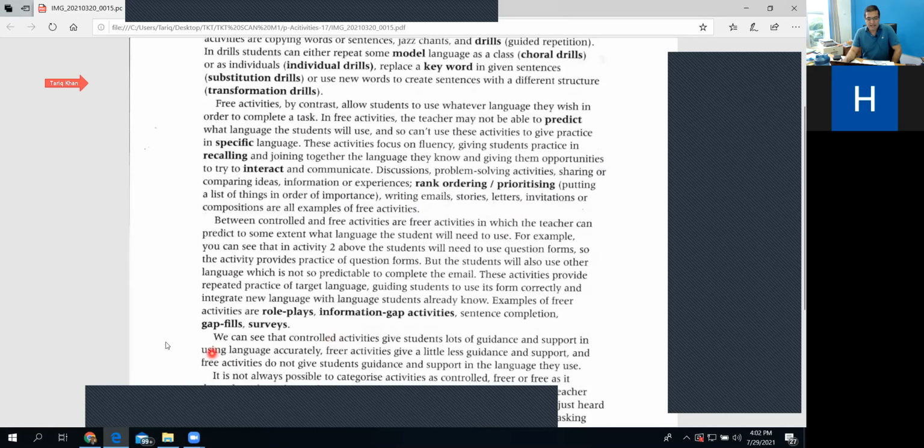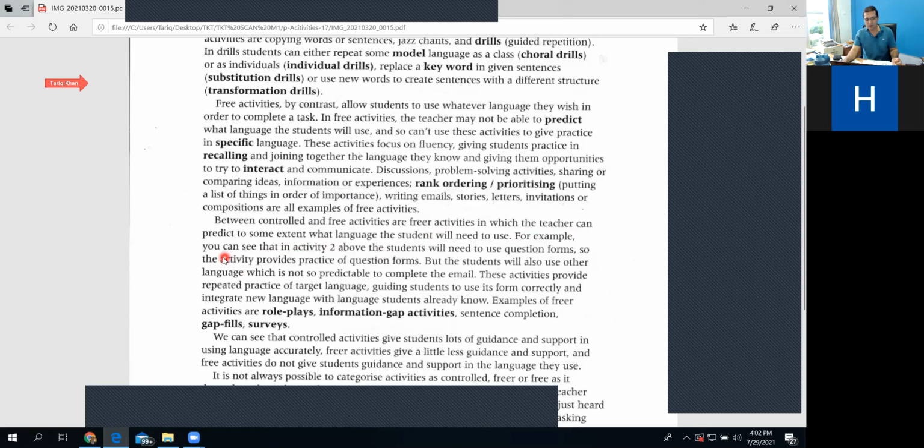The next one, between control and free activities, are freer activities. The one which was the second that we will be discussing. Freer are somewhat optional, they have options. Okay, that is the nature of those activities. Freer activities are those in which the teacher can predict to some extent what language the student will need to use.